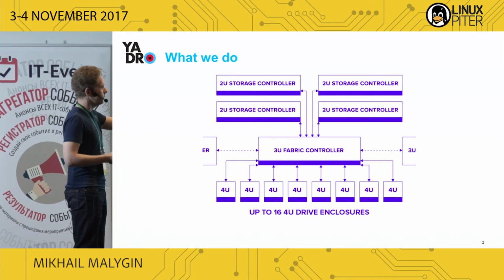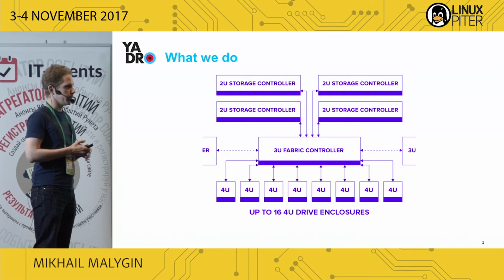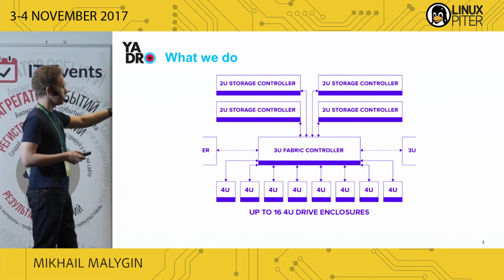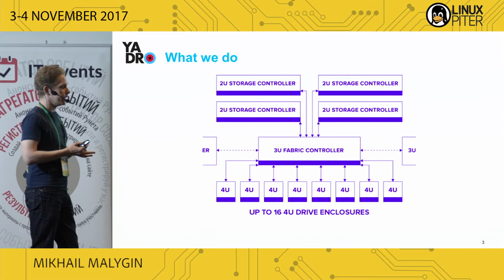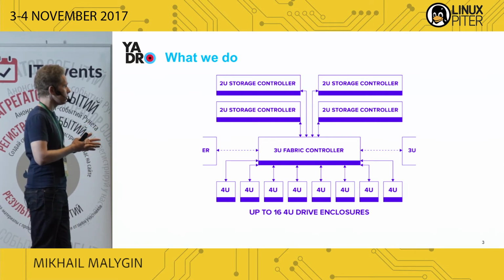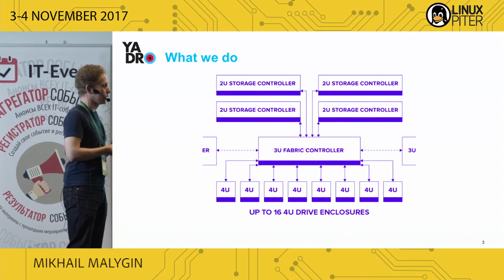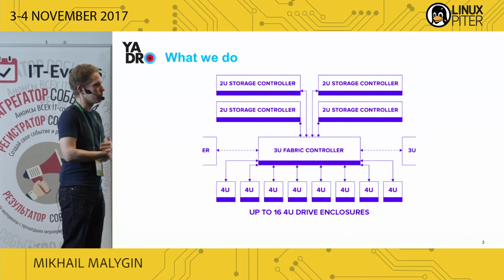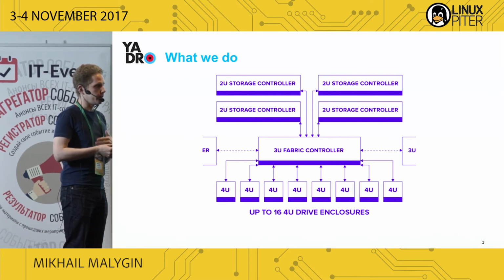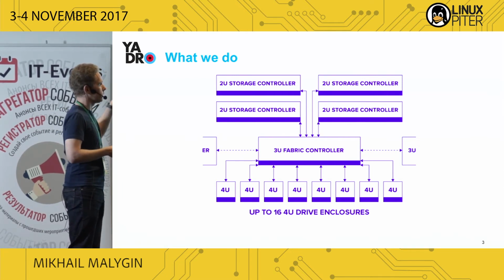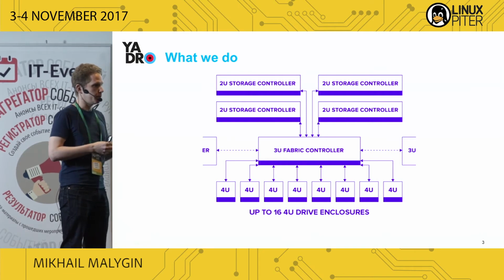Here, see? There's a box called Fabric Controller, and in it, the drive enclosure is plugged in. The thing is that we have the host adapter that realizes SCSI, and later, via PCI, it's unmapped within the storage controller.